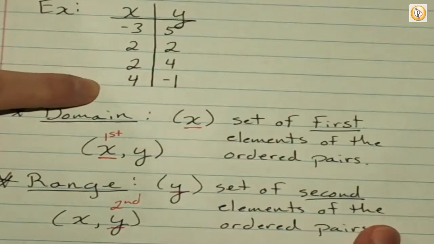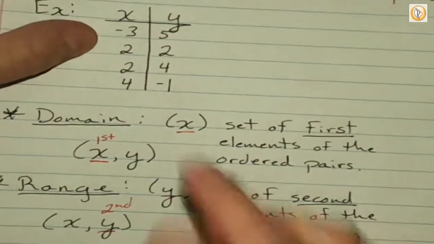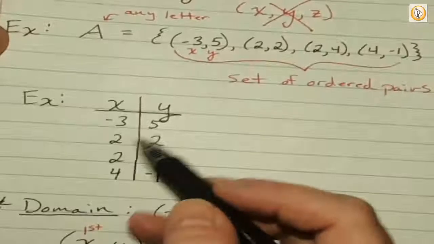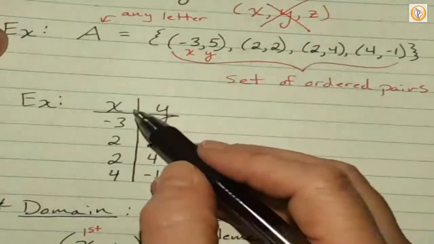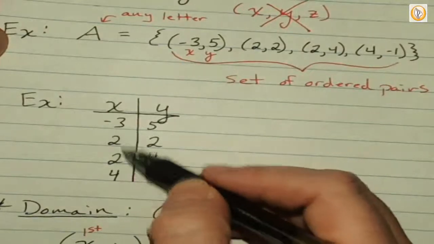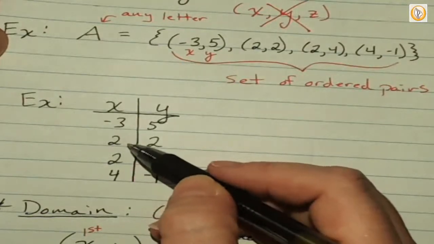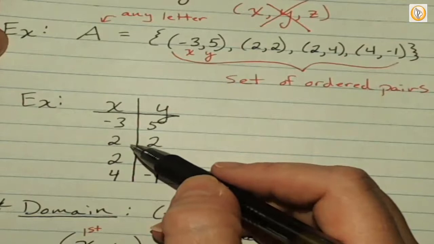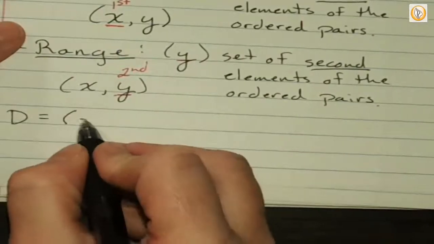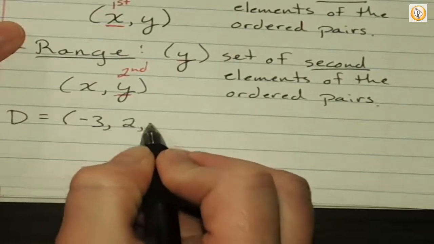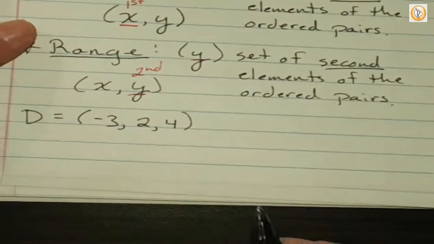No. And then 4. So if you notice, the domain is your X. Again, I got the X from these ordered pairs. You do not have to write the 2 twice if it's repeating. You just write it once, and you write it in order from least to greatest. So I have -3, 2, and 4. That's my domain.